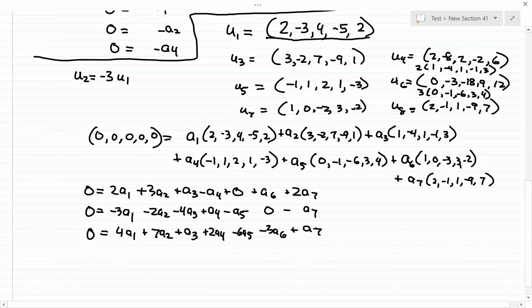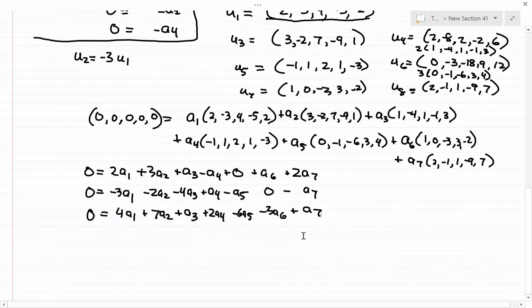Make sure I did that right. 4a1, 7a2, plus a3, 2a4, minus 6a5, minus 3a6, plus a7. Looks fine. Okay. 2 more to go, I guess.